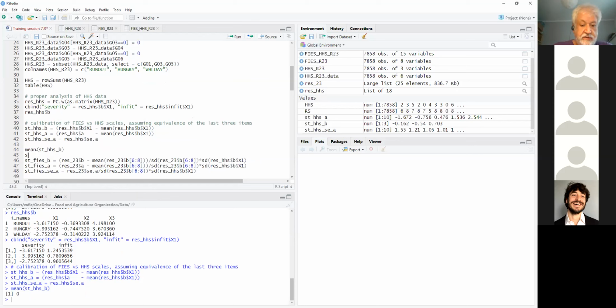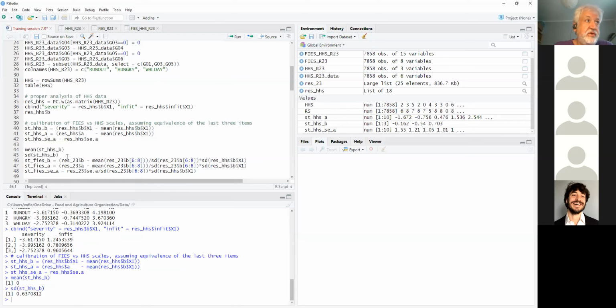And just for future reference, this scale, which is an arbitrary scale, has a standard deviation of these three severity parameters of 0.63.